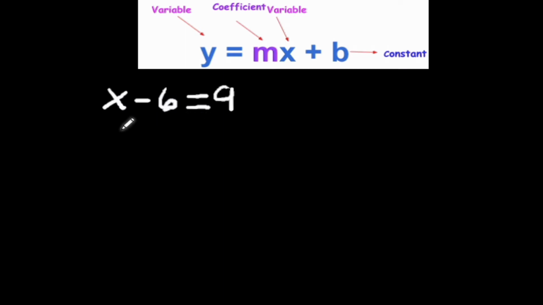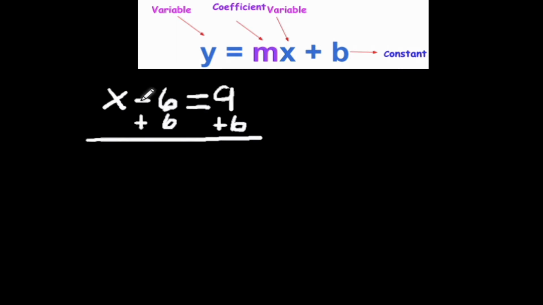And we need to ultimately get x alone, or isolate x. In order to do that, we have to undo an operation. So here we have minus 6. In order to get rid of this minus 6, we need to add 6. So we're going to add 6 here, and we're also going to add 6 on the other side.